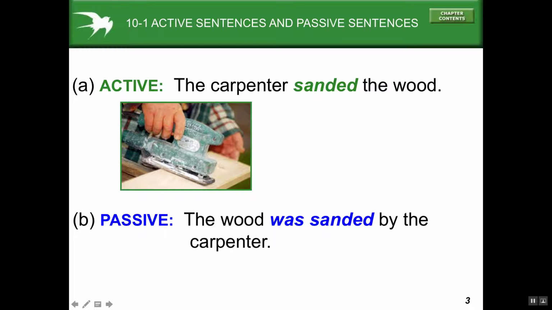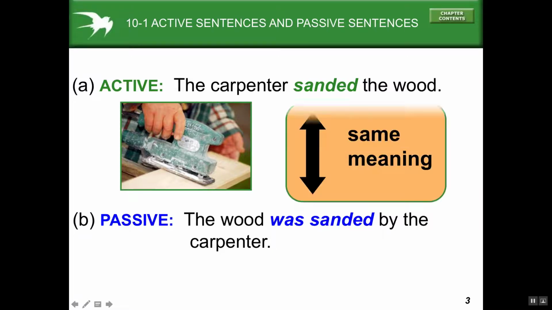So this is actually the object in terms of what is receiving the action of the verb, and this is the thing doing the action of the verb, the person, the carpenter. And so we have an unusual or different type of sentence. We call this passive, where the object goes first, then a special form of the verb, was sanded, which I'm going to explain in a minute, and then by, and then the subject.